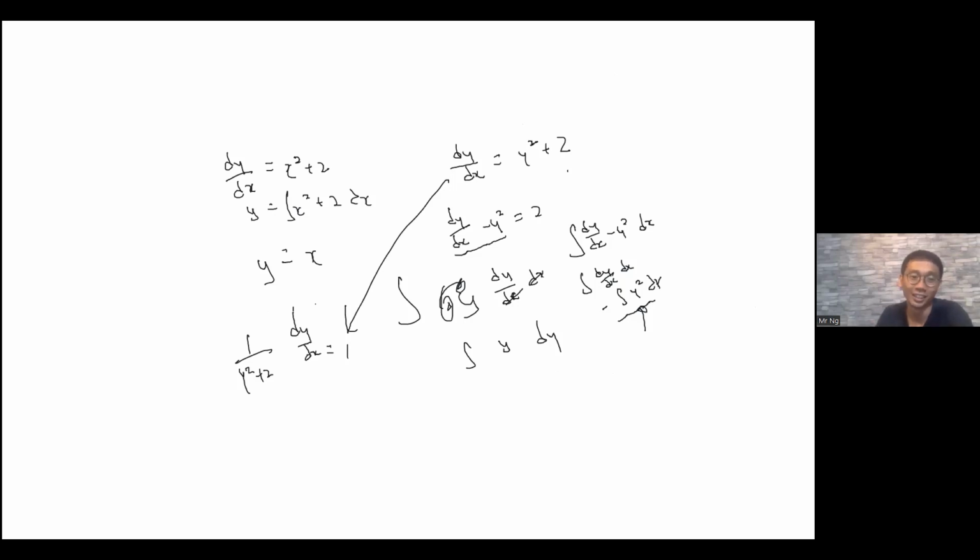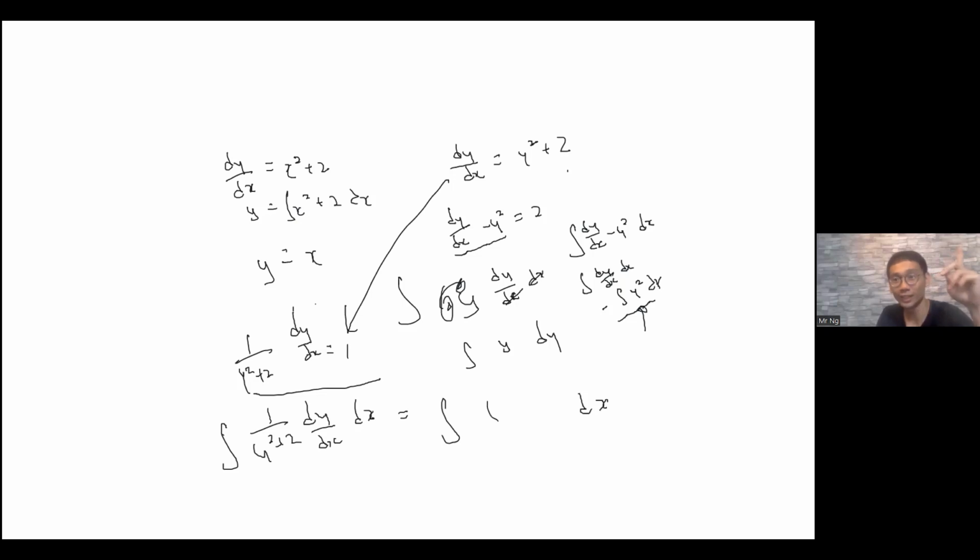So anyway, to get this thing right, we need to do this. What we did to this whole equation is we introduced the dx to that whole equation. That's why here is dx. So don't get confused.